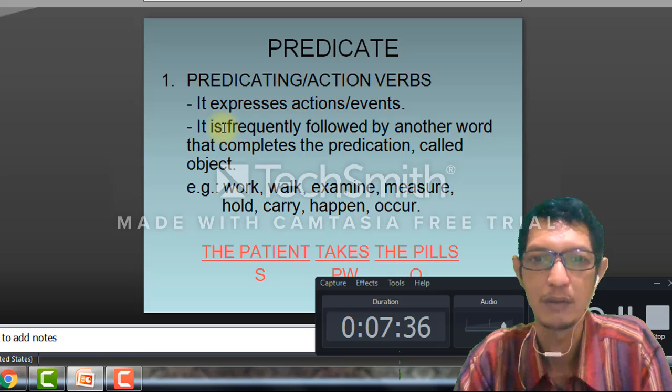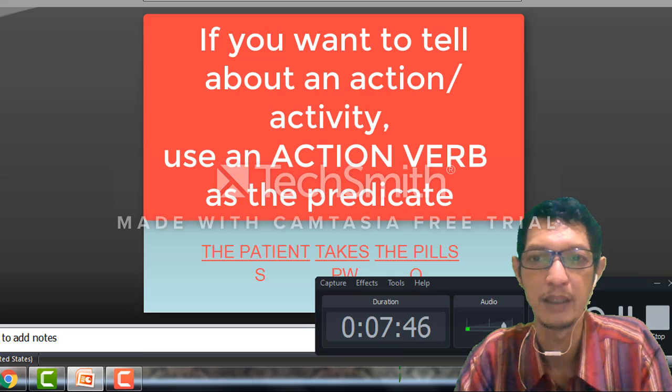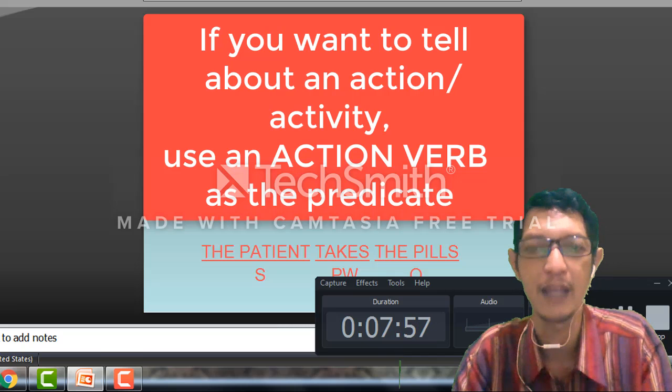So if you want to make a sentence that tells about action, of course the predicate should be an action verb. Any action verb can be used as a predicate if you want to make a sentence that tells about action or activities.